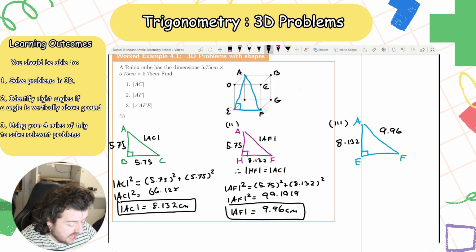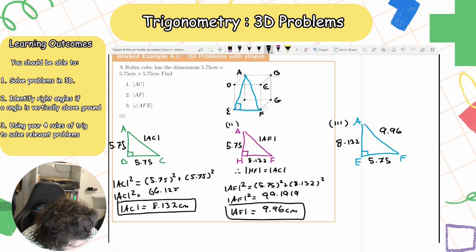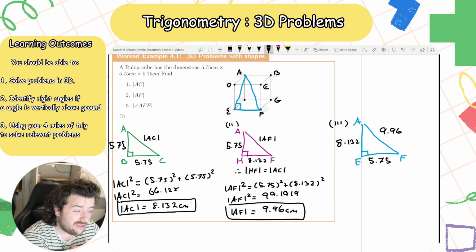And E to F is just the length of one of the sides of the cube, so that's 5.75. So I have 3 values here, so I can use any of my ratios: sine, cos, or tan.